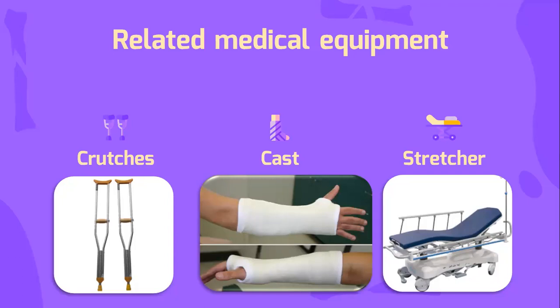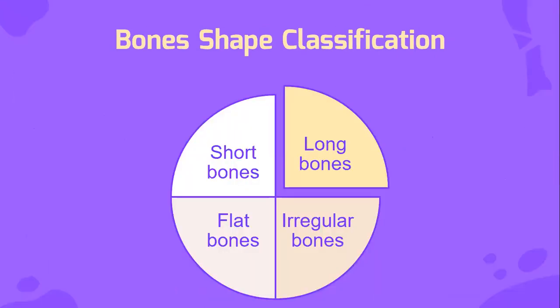So that is a cast, okay? The next one would be stretcher. And well, you can see the image right there. It's like a framework, and it has some sort of soft material in the middle so the person can lie on, right?